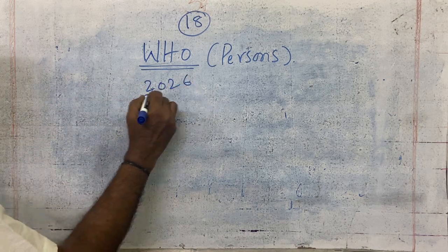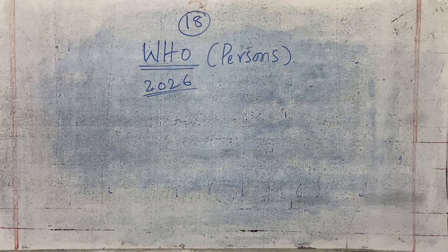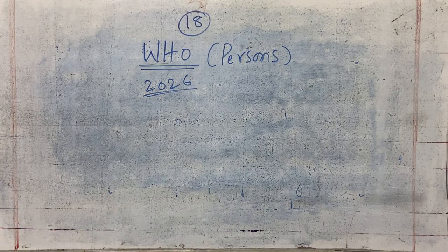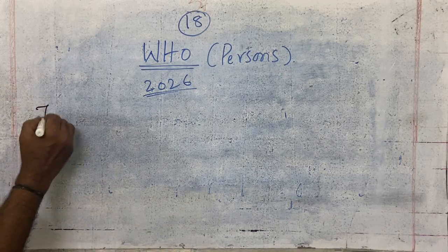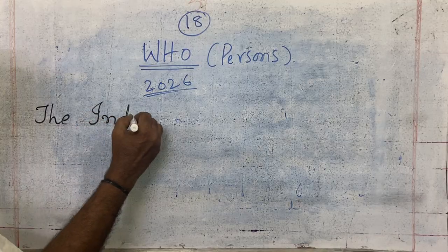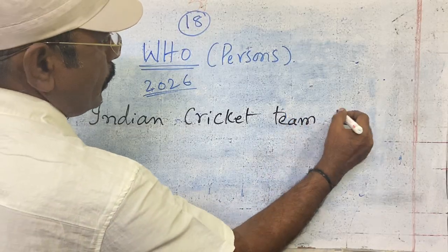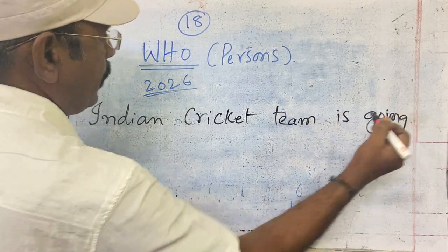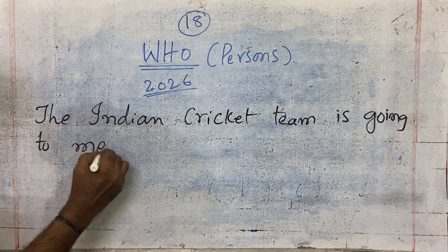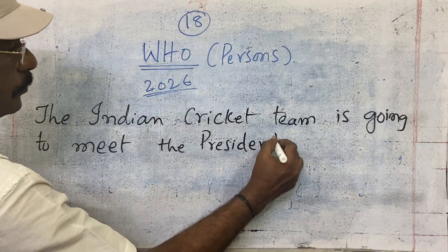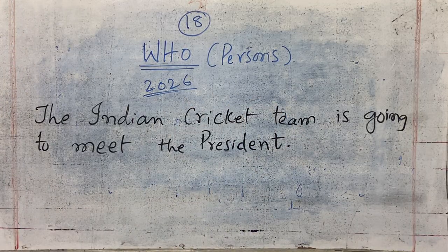The first one is from the 2026 model paper. What they gave means: The Indian cricket team is going to meet the president. Yes, they won the World Cup.